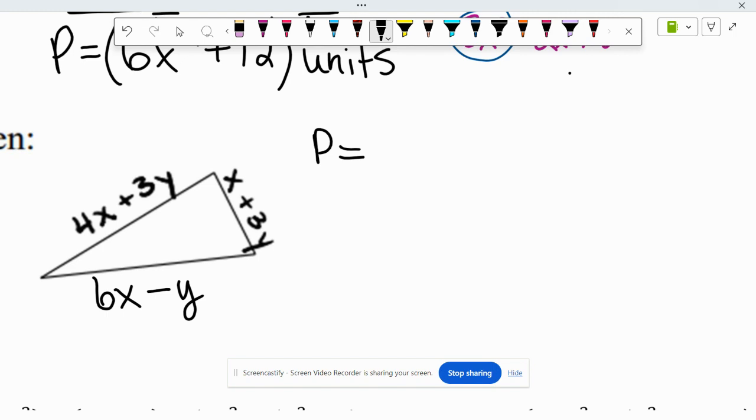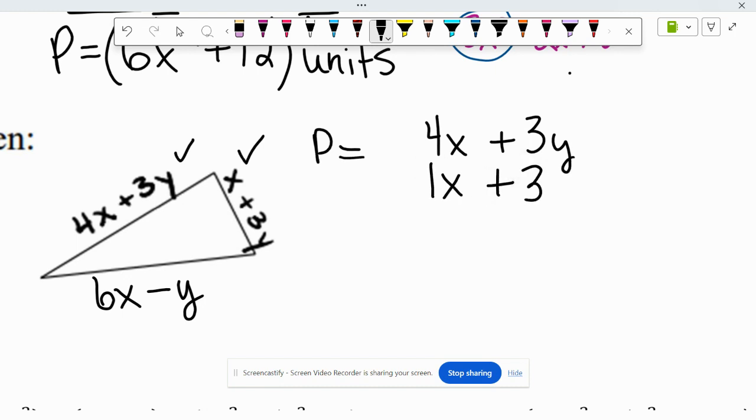So do you guys want to stack these on top of each other? Do you want to do it horizontally? Stack them up. Okay. I'm going to start with this side, 4x plus 3y. I'm going to go to the short side, plus x, and I'm going to put a 1 in front of it because I think that helps us. 1x plus 3y, and then the last side, 6x minus y. All right.